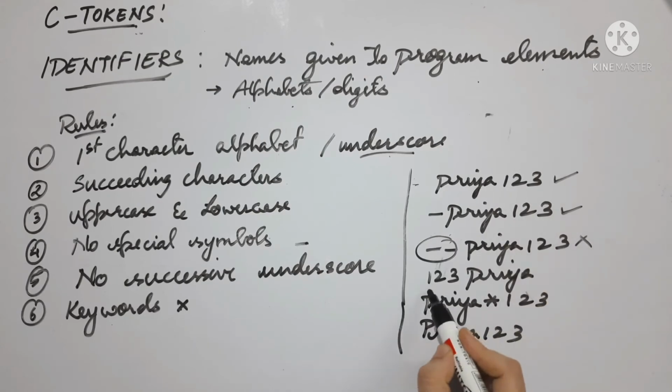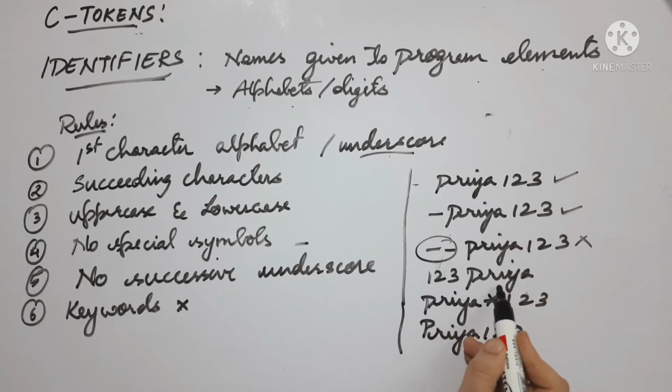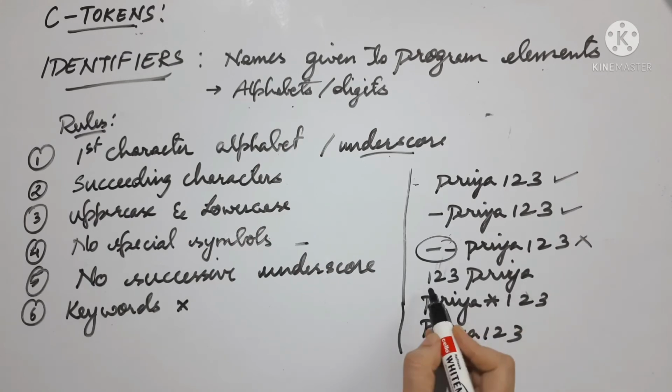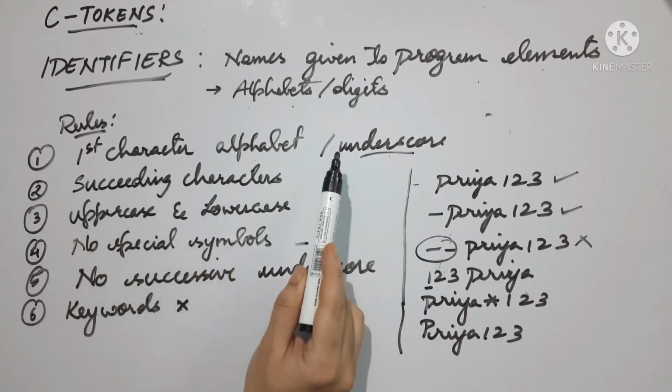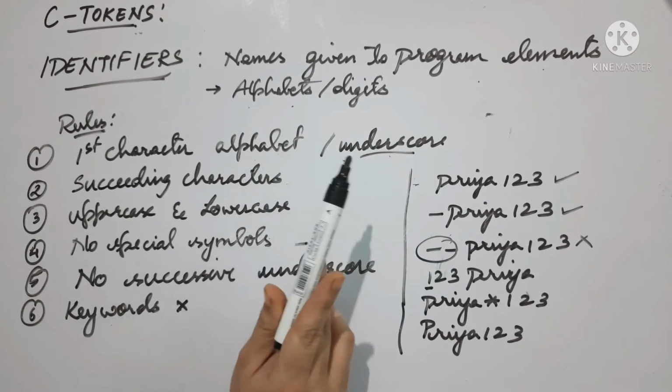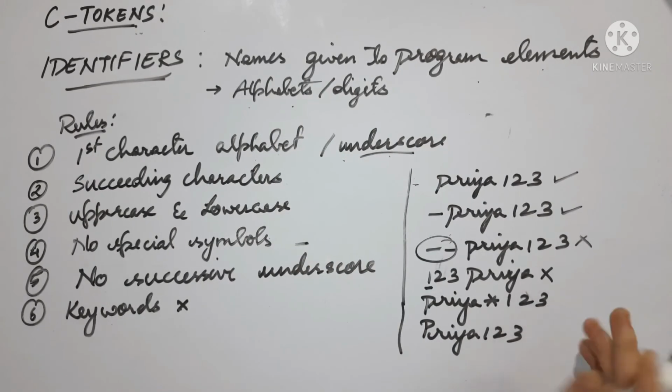Next example, 123Priya. Is this an identifier? No, because it is starting with a digit. As we have the rule, the first character must be an alphabet or underscore. They have not mentioned digit. So this will not be an identifier. Next example, we have Priya*123.